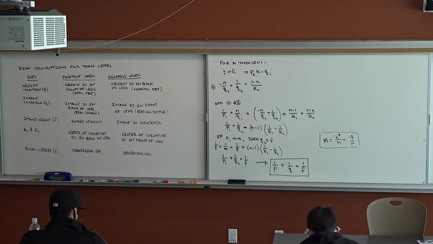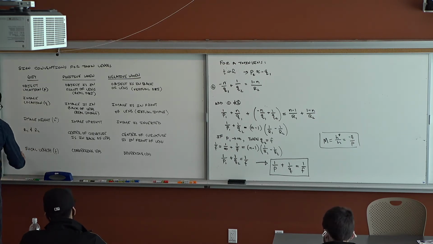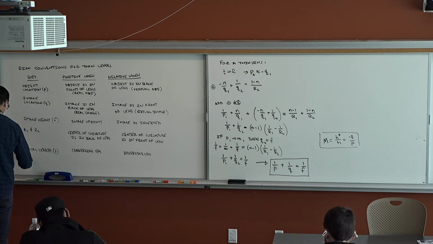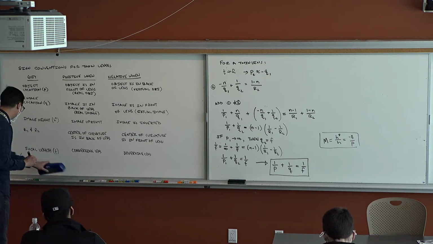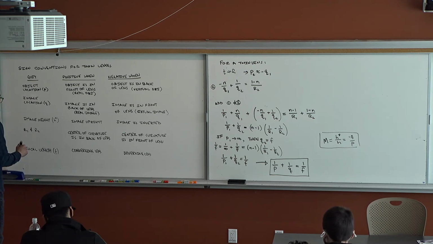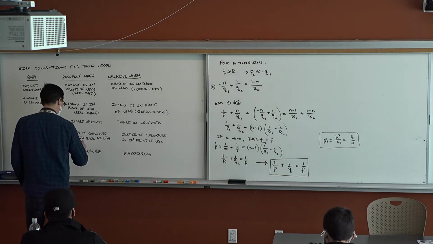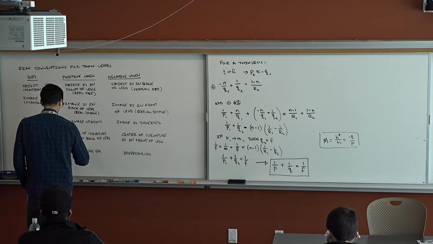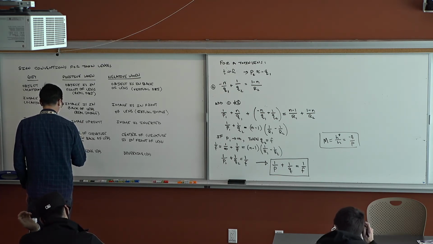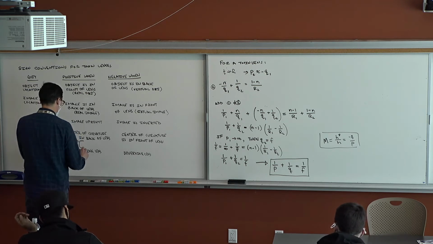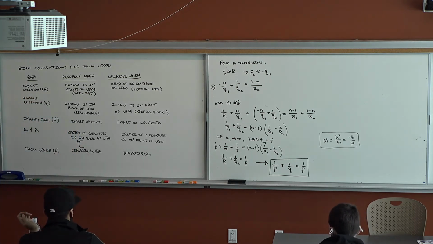I was wondering if maybe for R1 and R2, we could get an image just for clarification. Sure, of the different ones. So R1 here is positive.